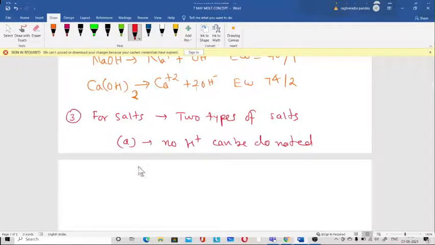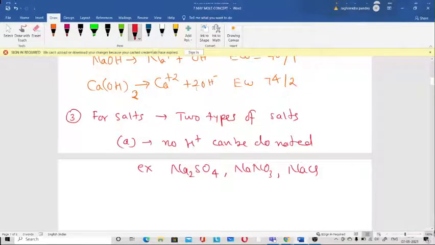For example, sodium sulfate, sodium nitrate, NaCl, like this. There is no replaceable hydrogen.